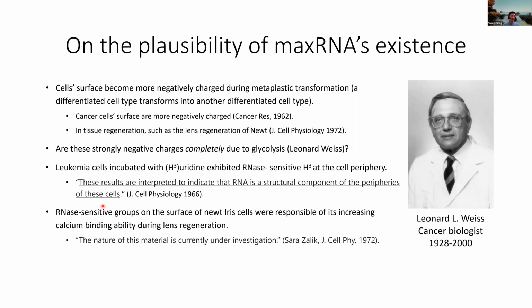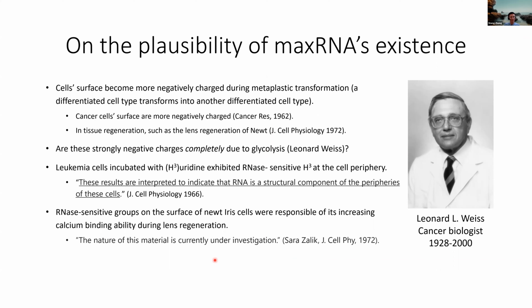Around his time, his papers were seen and cited by other scientists. For example, Sarah Zalek studied another metaplastic transformation, a transdifferentiation process, where Sarah did similar experiments and received similar data.